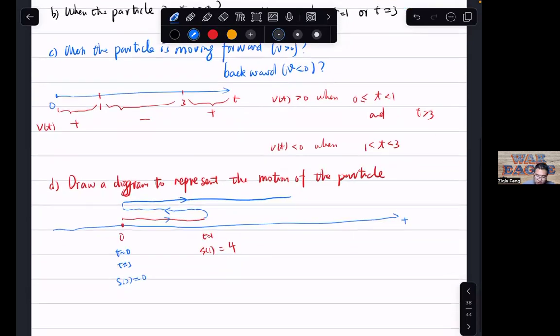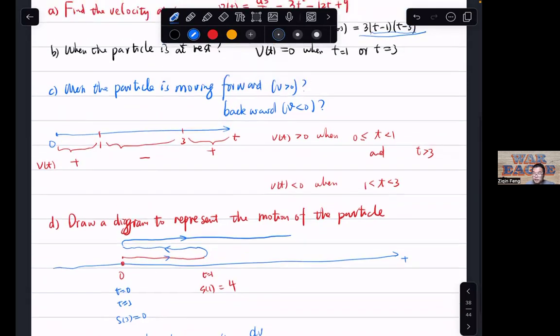Okay, now let's see part E here. E here is we want to find the acceleration. And we know that a of t is dv over dt, right?